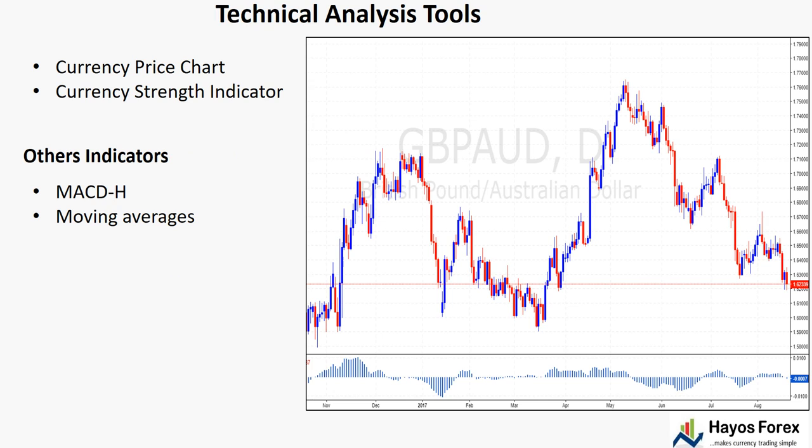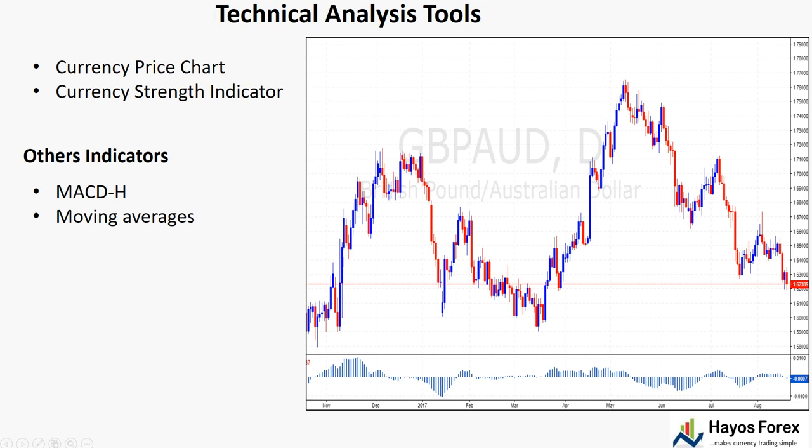What are the tools that we need to constantly make money in Forex using the strategy I want to show us today? The first thing that we need is the price charts.